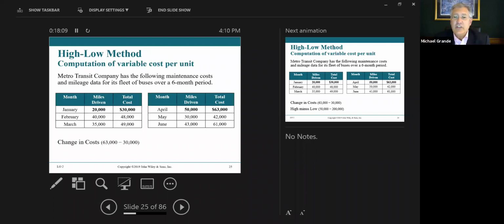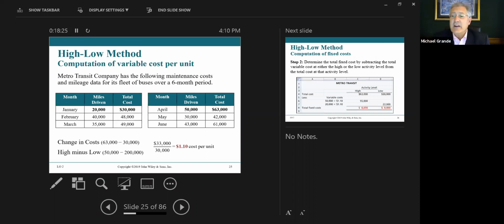So the change in costs, 63,000 minus 30,000, divided by the change in activity, and there's a typo here, right? It should be 50,000 miles minus 20,000 miles, not 200,000 miles. So the variable cost per unit: change in dollars, 63 minus 30 is 33,000, divided by the change in activity, 50,000 miles minus 20,000 miles is 30,000. So the variable cost per unit is $1.10.